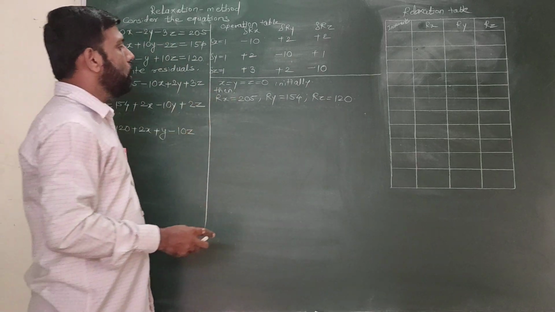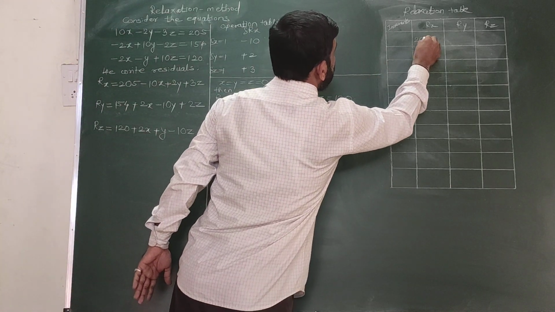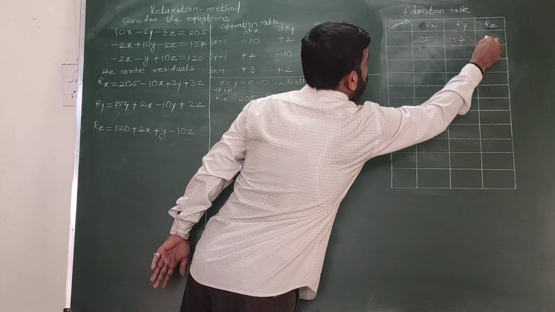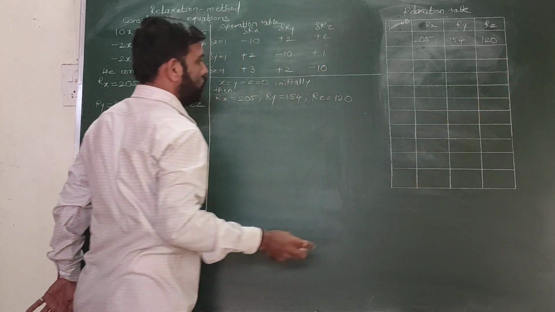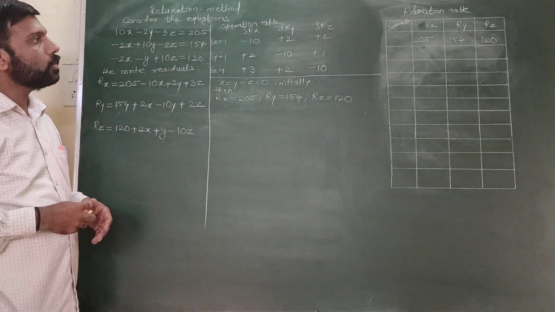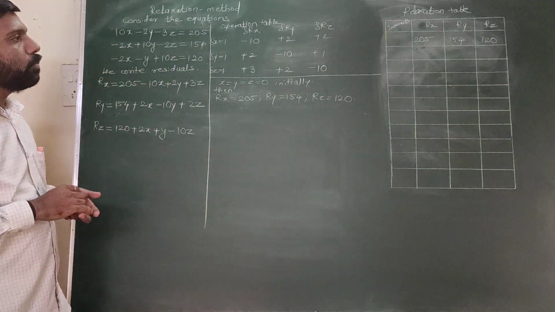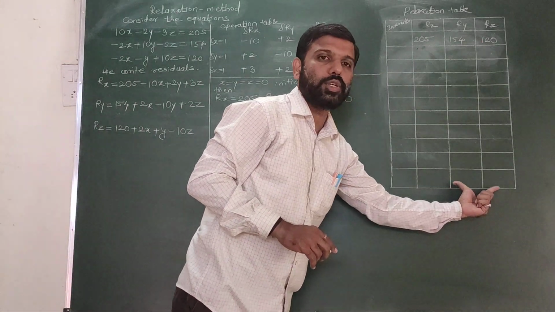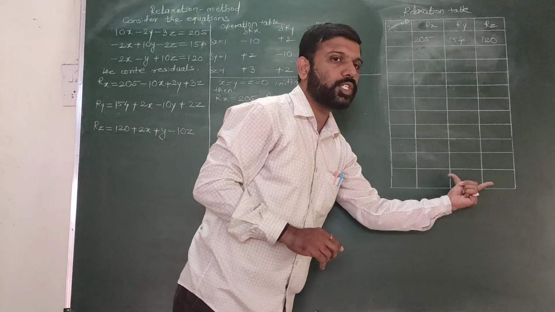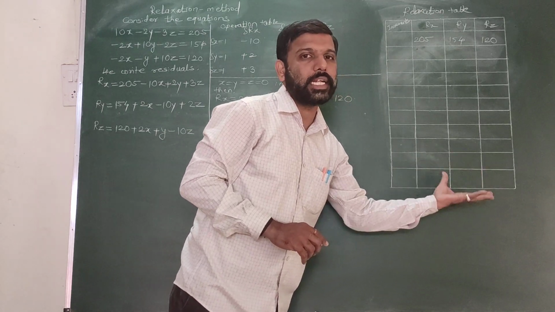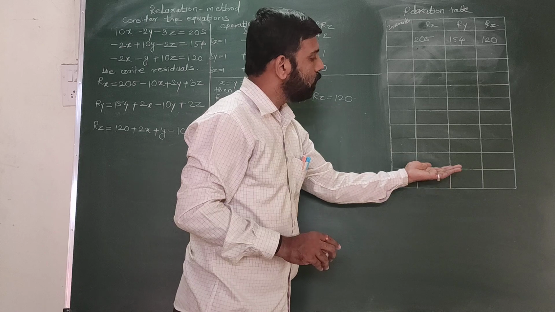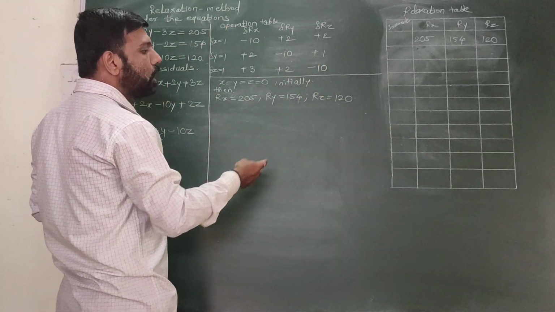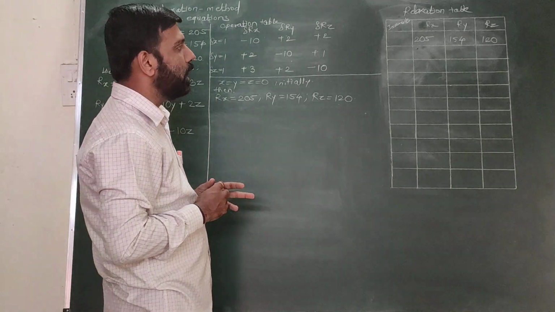So initially we put in the table 205, 154 and 120. What the relaxation method does is reduce these three values to 0, approximately 0, nearer to 0 or exactly 0. At that step we stop our relaxation method and then we define the values of the unknowns x, y, z.